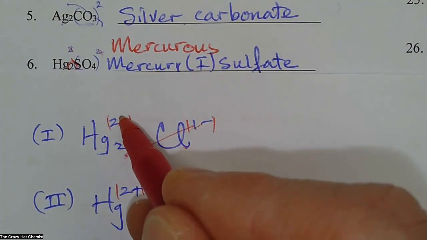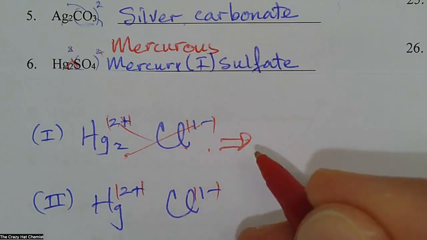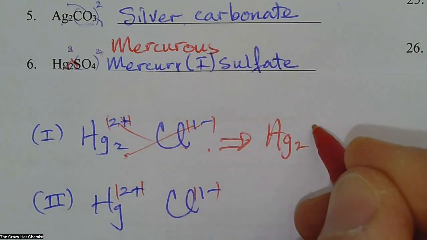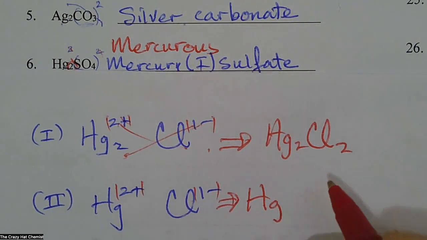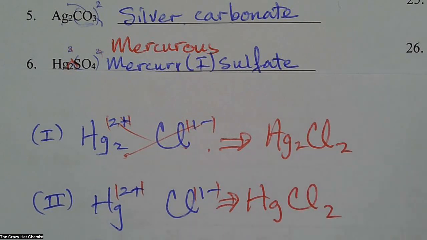So the 1 comes down, and then this 2 comes down. So this compound here is going to be Hg2Cl2. And then this one will be HgCl2. And then you can clearly see the difference between mercury 1 chloride and mercury 2 chloride.